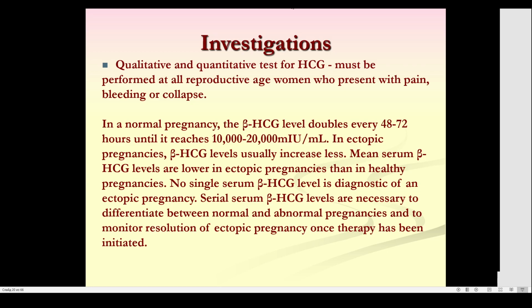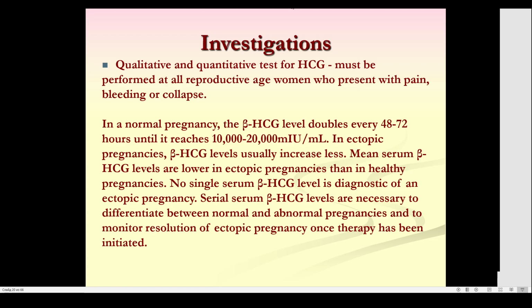In ectopic pregnancy, beta-HCG levels usually increase less. It increases, but does not double every 48-72 hours. This means serum beta-HCG levels are lower in ectopic pregnancy than in a healthy, normal uterine pregnancy.